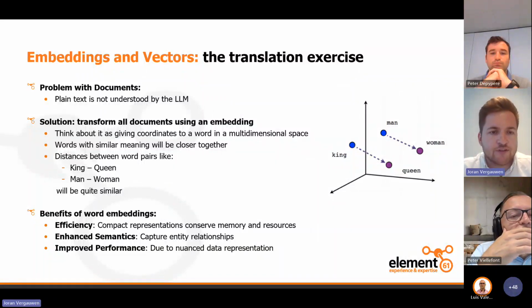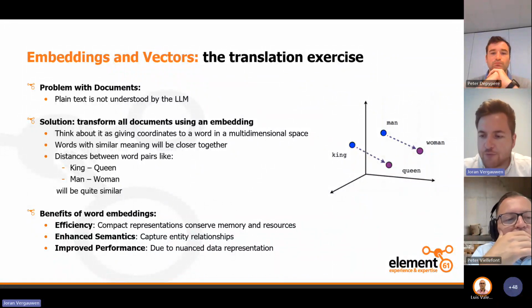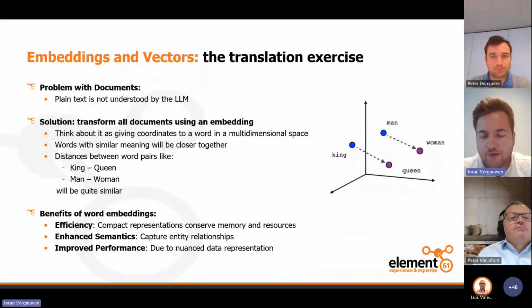If we take an example, for example, the words king and queen and man and woman, we're going to represent those words in a multi-dimensional space. We're going to give them coordinates, or assign a vector to each, if you will.